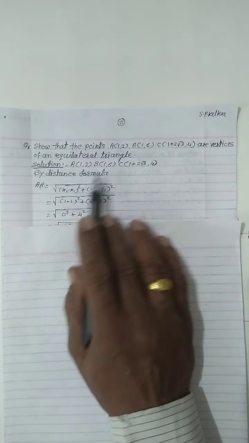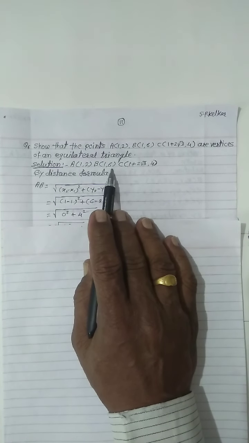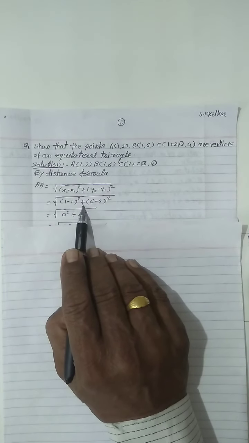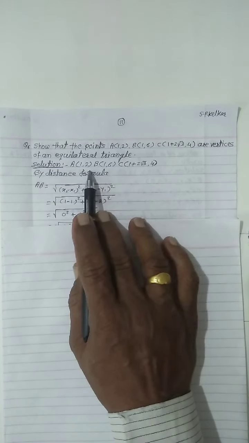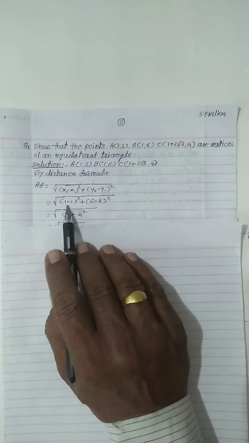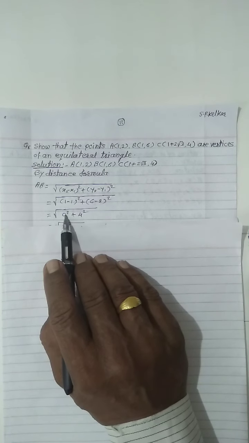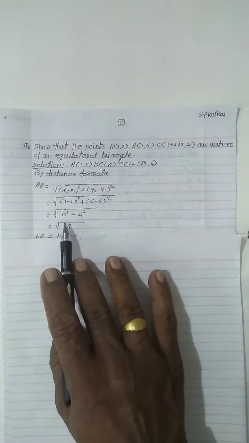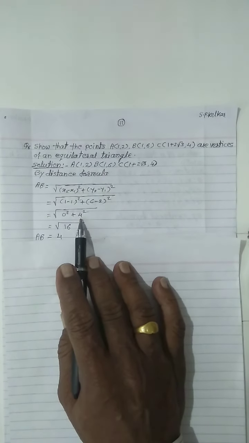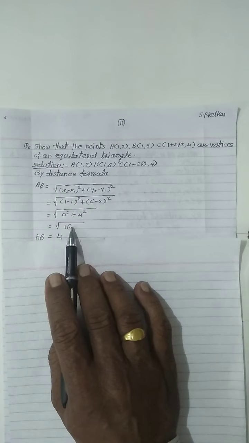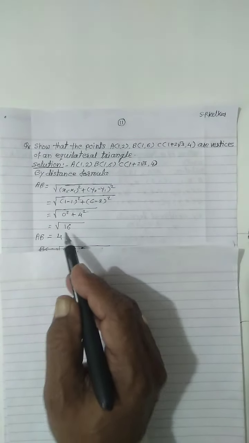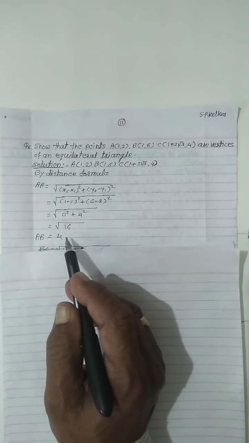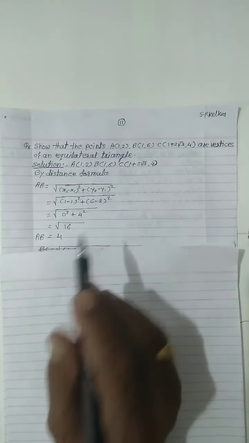See the x2 means here (1 minus 1) square plus (6 minus 2) square. 1 minus 1 means 0 square plus 6 minus 2 means 4 square. 0 square is 0, then 4 square is 16. Under root 16, we can find the root of 16, AB equal to 4. So the length of AB is 4.